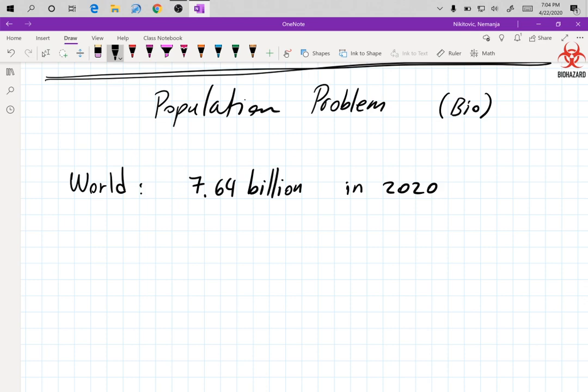World population 1990, whatever. So the world population in 1990 was 5.28 billion, just 30 years ago.